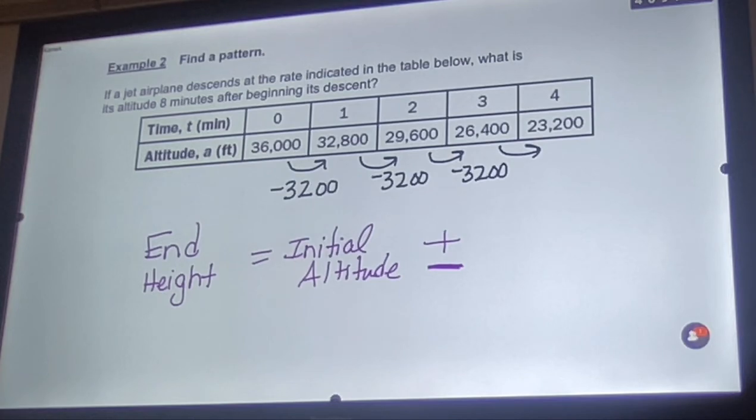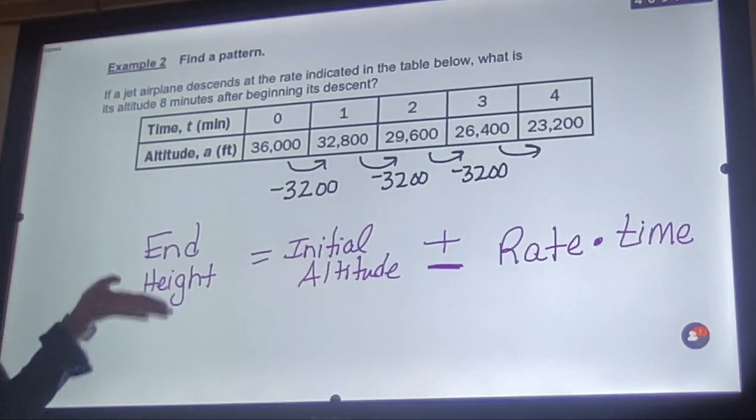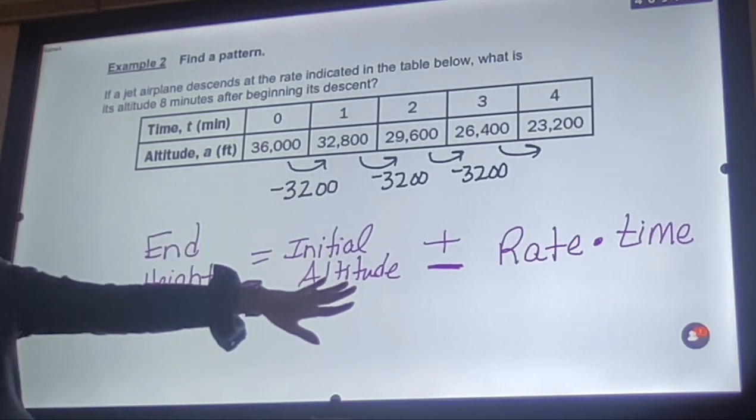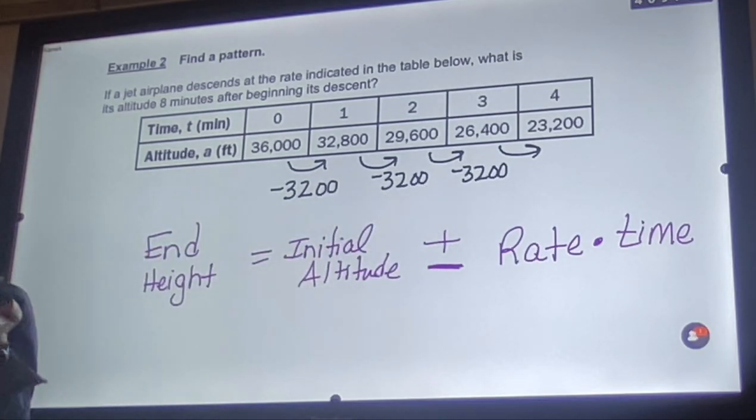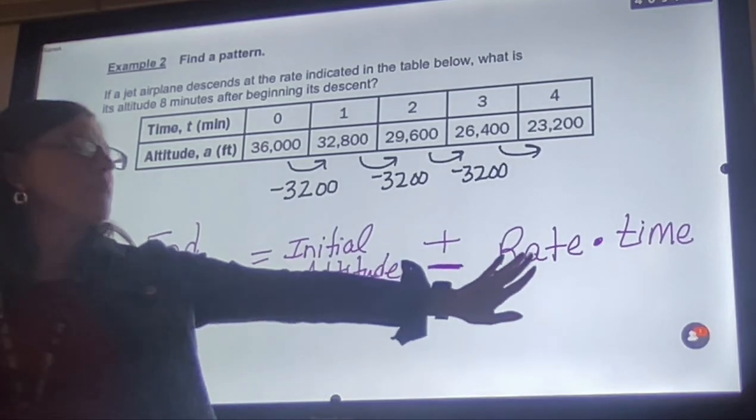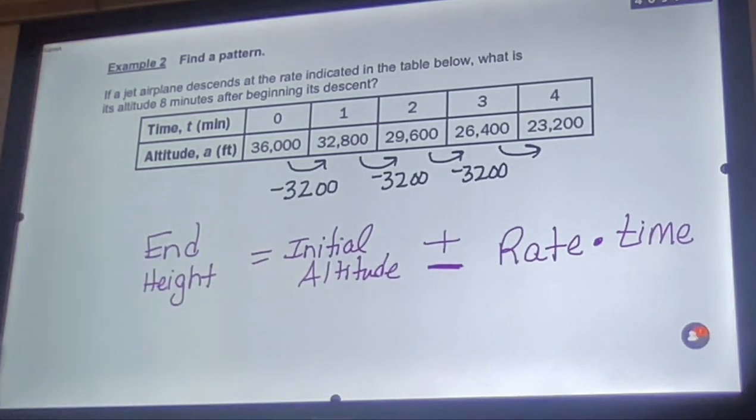And we'll use the pattern to help us get that. And then it's our rate times the time. And the rate is going to be the pattern in our problem. So this is called a verbal model. My end height is equal to where I started. You're either adding or subtracting depending if I'm rising or falling. That rate or pattern times the time.